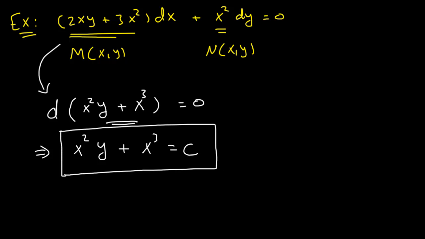So the key point here is, if we find that the given differential equation is exact, we can inspect the terms of M(x,y) and N(x,y) to find the function which by differentiation gives the same exact differential equation.